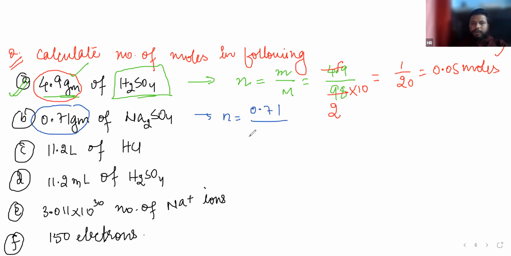And what is the molar mass of Na2SO4? 142. Then if we remove the decimal, 100 will come into the denominator and it will be cancelled, giving 1 by 200, and it will be equal to 0.005 moles.